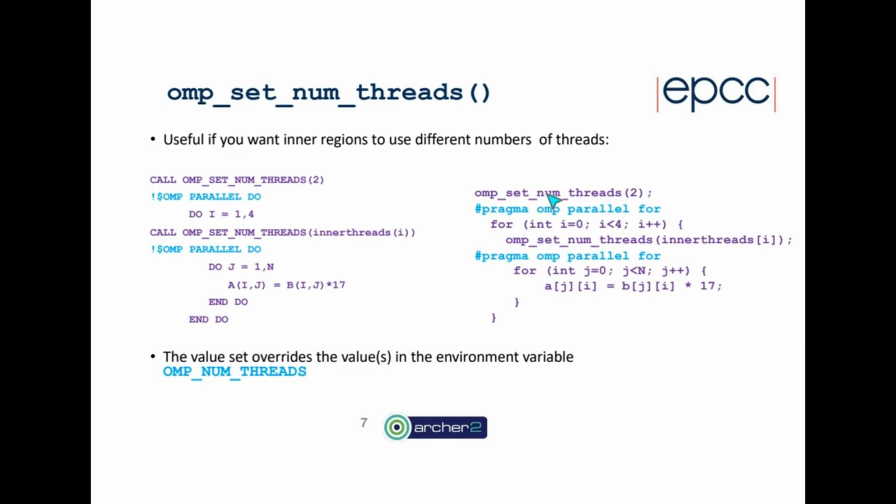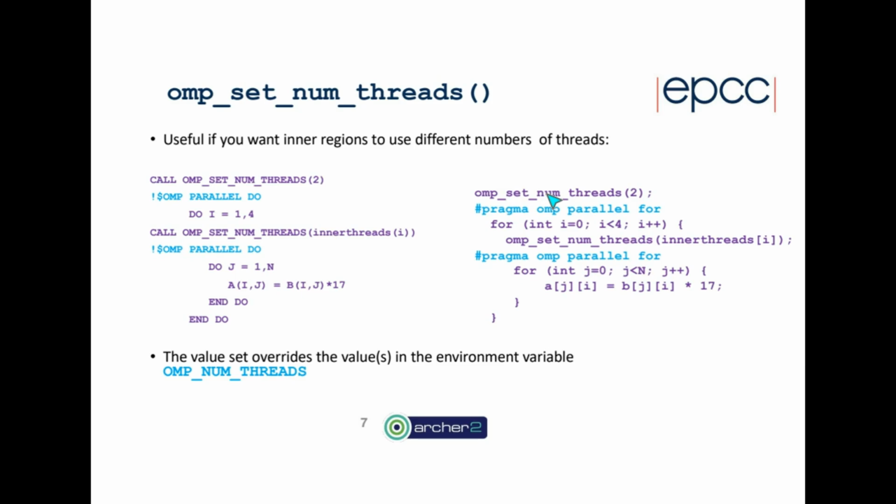The way this actually works in OpenMP is that OpenMP has these entities called internal control variables. These are essentially variables which are not directly accessible inside the runtime.